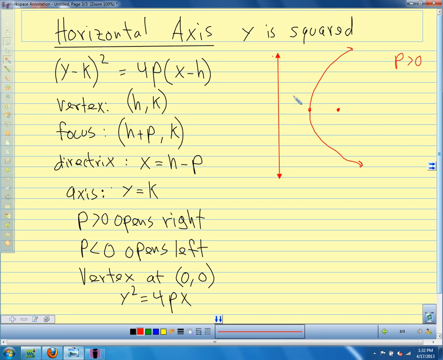Our vertex is still at the point h, k. We're moving to the right from our vertex to get to our focus, so this is at the point h plus p. And this line is x equals h minus p, so I'm moving to the left of my vertex to get to my directrix. And our axis goes straight through the vertex and the focus.